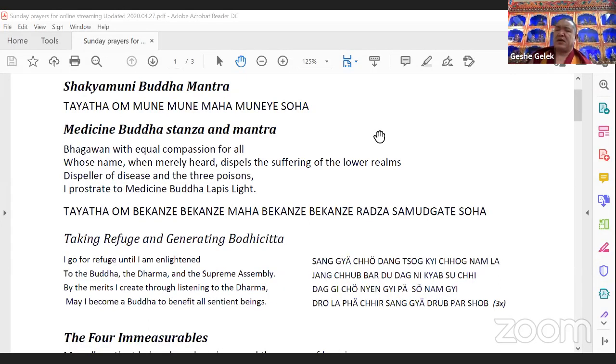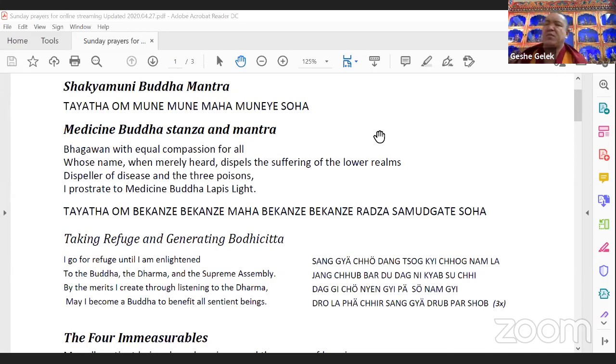While we are saying the Medicine Buddha mantra, visualize the nectar. The Medicine Buddha is holding the medicinal plant, which symbolizes the power of all the medicines.